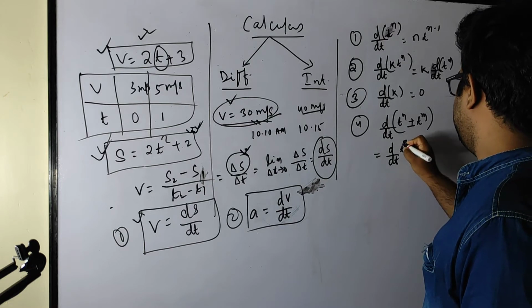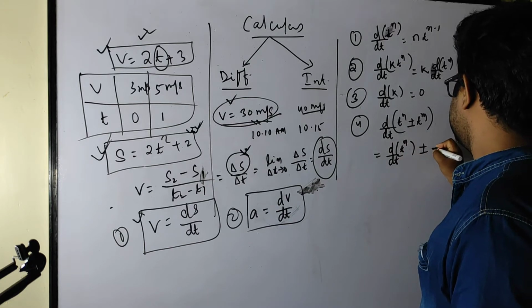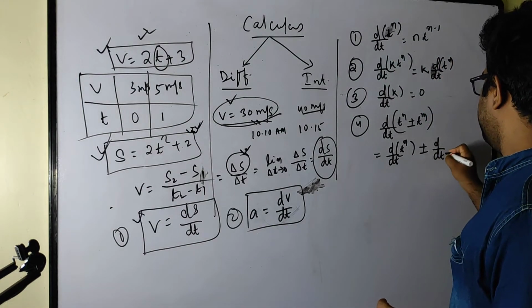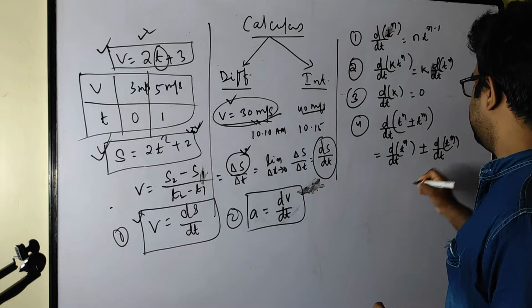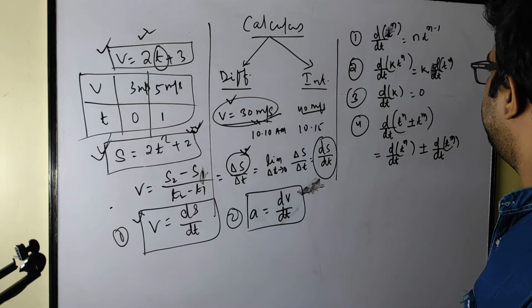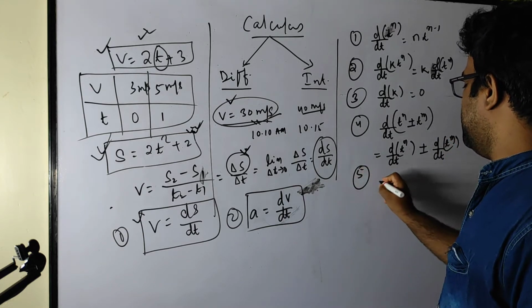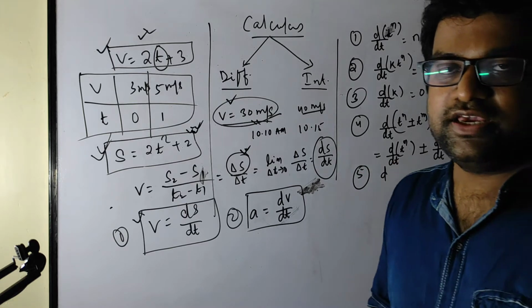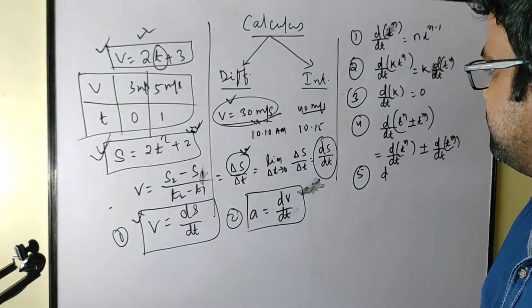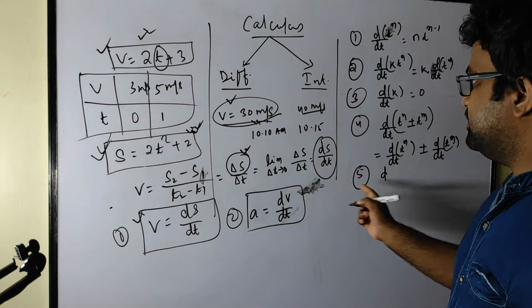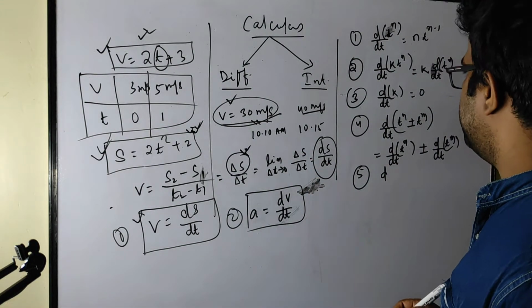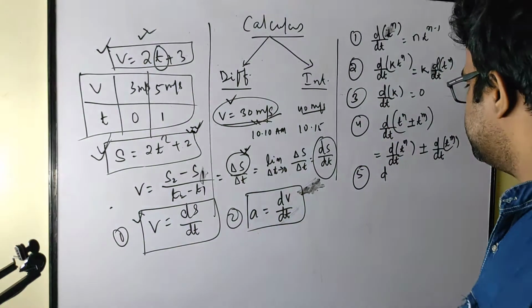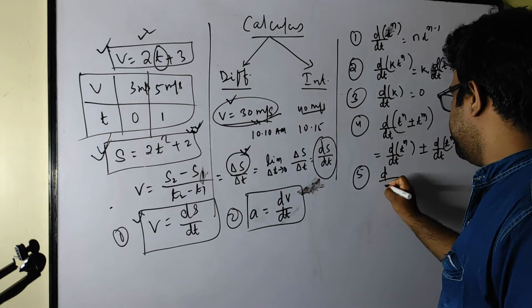There are also other formulas like sine theta and e to the power x, but I think this is sufficient for my problem. In some other classes I'll give you the formulas in detail, but still I am writing a few more.